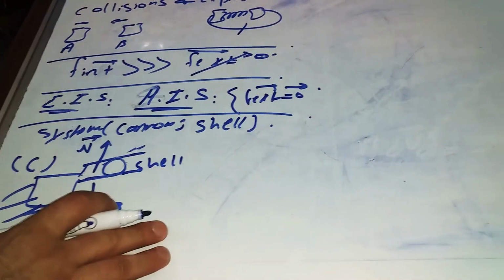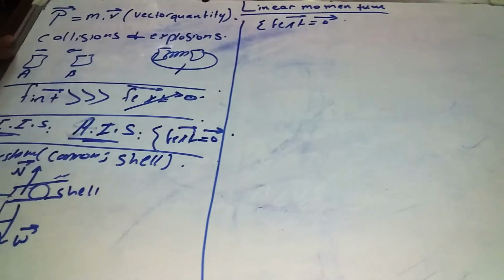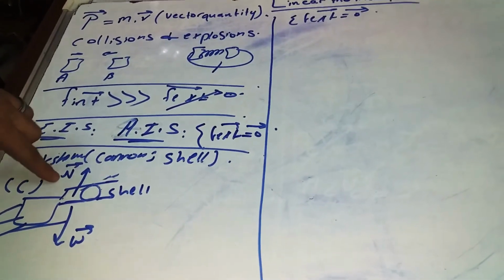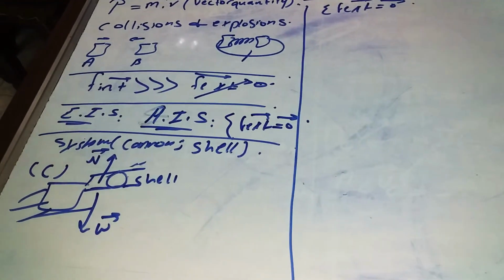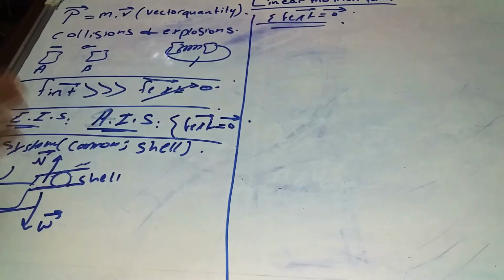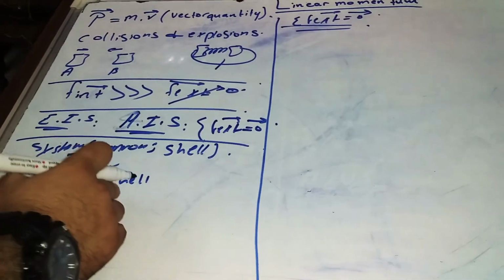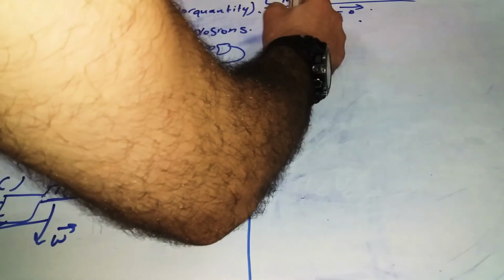But since the system is at rest, therefore the net external forces acting on the system are zero, because the normal reaction and the weight have the same magnitude but opposite directions. So this system is mechanically isolated.